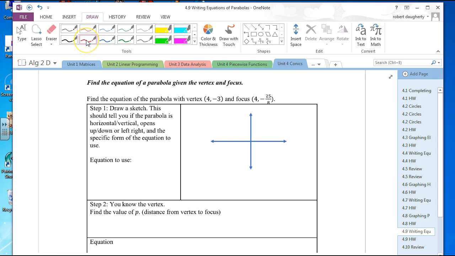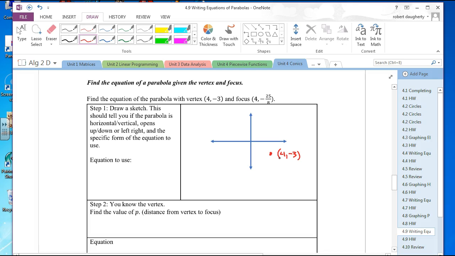So 4, negative 3. That is somewhere right here, okay? So that's 4, negative 3. What's 25 over 8? What is that? Yeah, so it's negative 3 1/8. So if this is 4, negative 3, is the focus going to be lower or higher? Lower or higher? Lower.